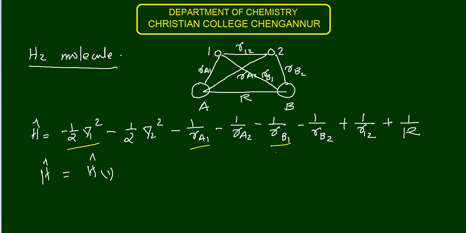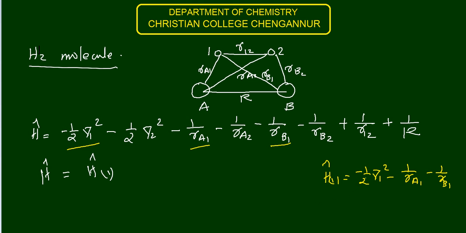These are the terms for electron 1. So H cap 1 is equal to minus half del 1 square minus 1 by RA1 minus 1 by RB1.